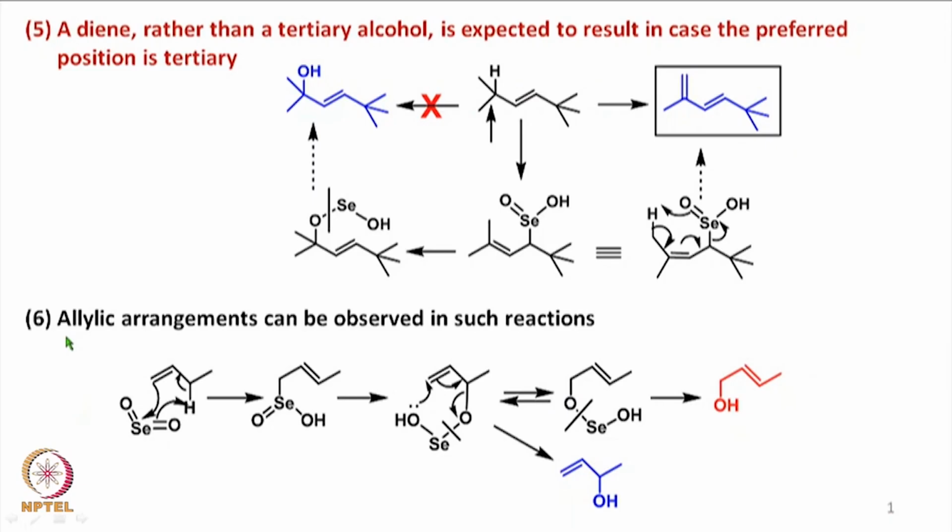According to the 6th rule, allylic rearrangements can be observed in such reactions. For example, if we take a case like this, such allylic rearrangements do not happen in every case, but it can be observed in some reactions.